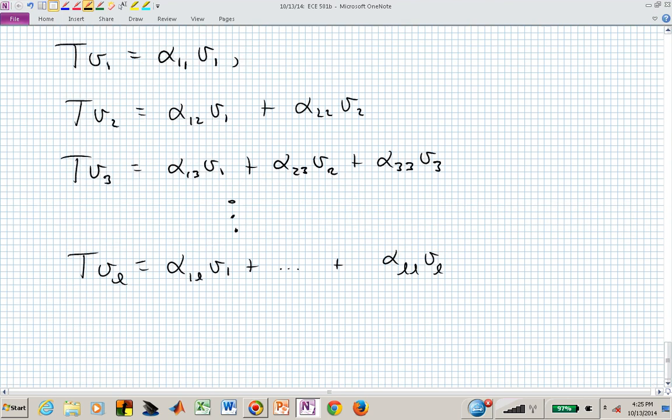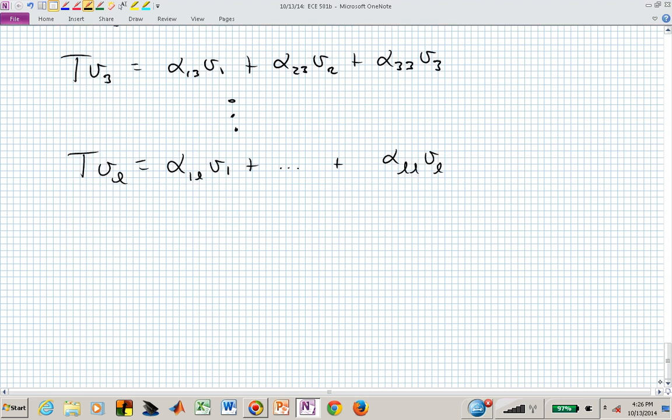I can now use those alphas to create a matrix that post-multiplies my basis vectors, and that's really what this matrix representation is in the basis v1 through v sub L. This matrix has alpha 1,1 and nothing below that to create T v1. To create T v2, I needed alpha 1,2 and alpha 2,2, and nothing beyond those two.